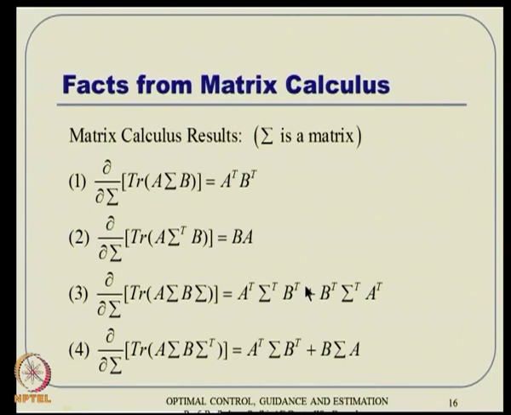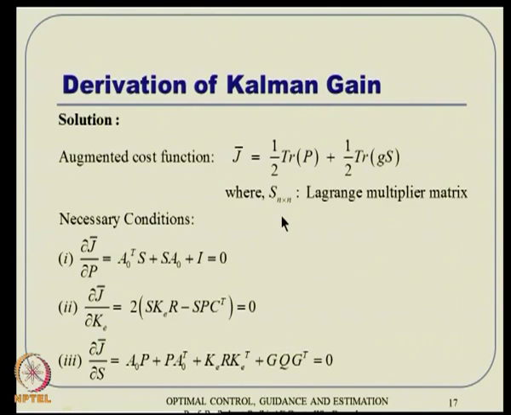Now, here are some facts from matrix calculus. I will not go through the details of these derivations. Remember, sigma and B are also matrices, and some of these results are available, so we will simply use them.